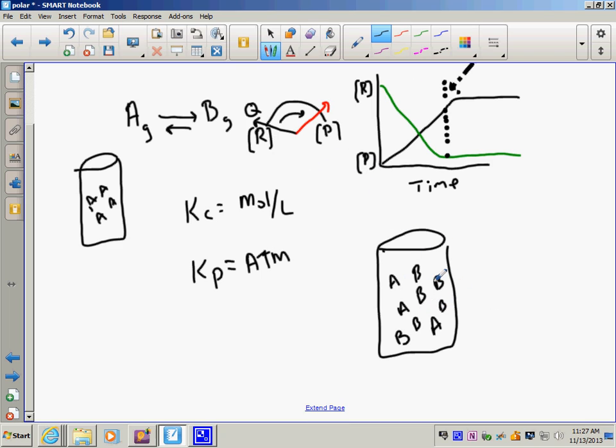Now, this container reaction is at a specific temperature, and this K is temperature specific. If I change the temperature, I change my ratios of products to reactants. That K is locked for a certain temperature.